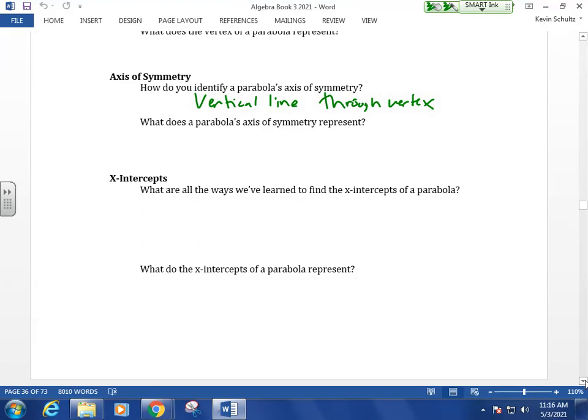And what does the parabola's axis of symmetry do? We use it to find the reflection point because it serves a purpose. What purpose does that axis of symmetry serve? Julia? It's the middle. It's the line of symmetry, and it's the middle.